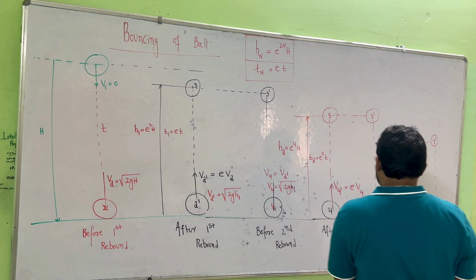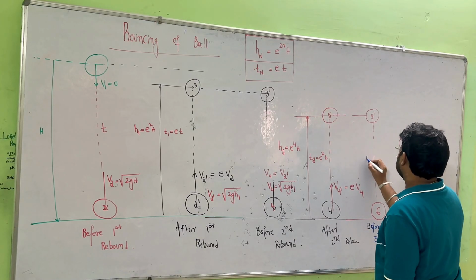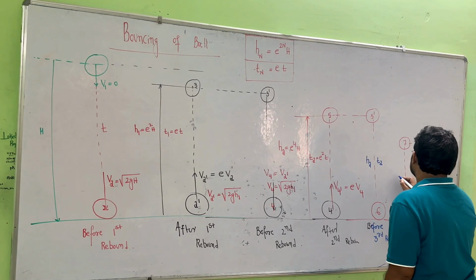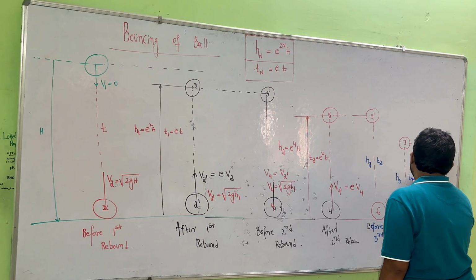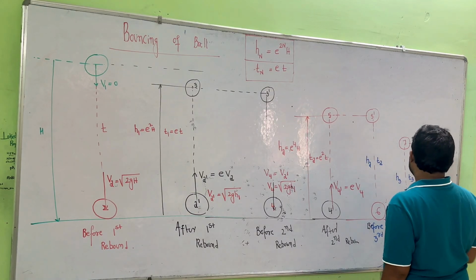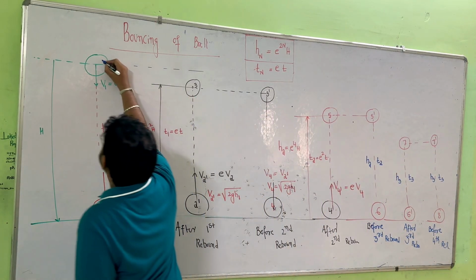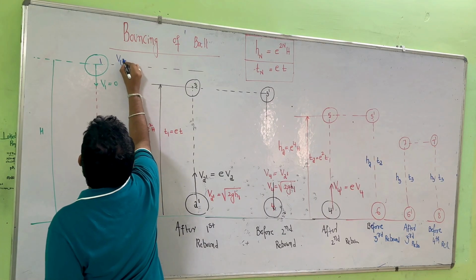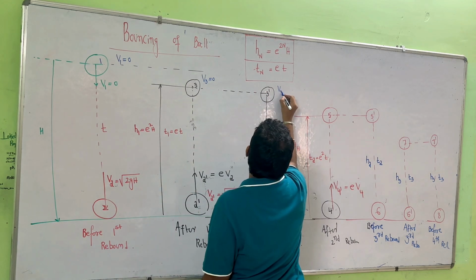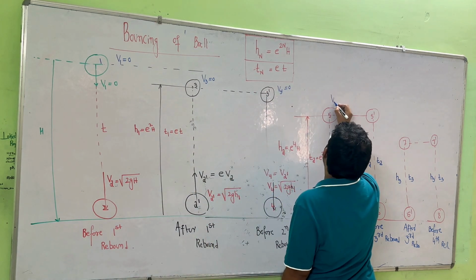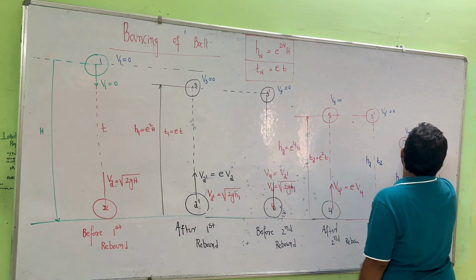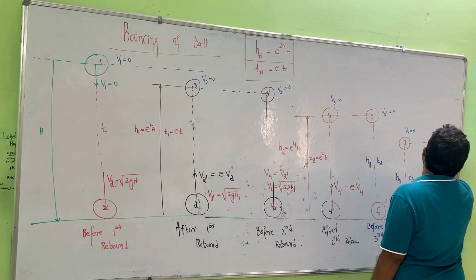So this would be H2, time T2, then this is H3, time T3. Here all velocity is 0: position 1, V1 0, V3 0, V3 dash 0, V5 0, V5 dash 0, V7 0, V7 dash 0.